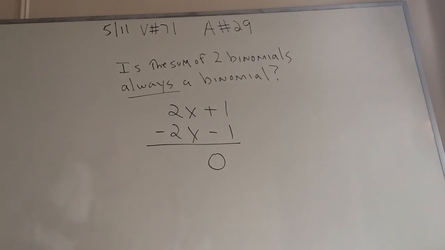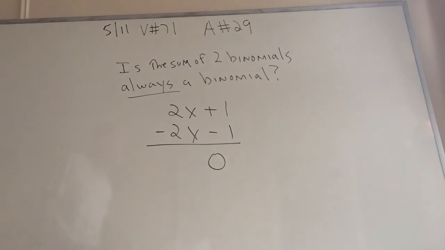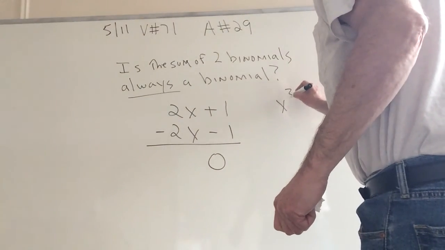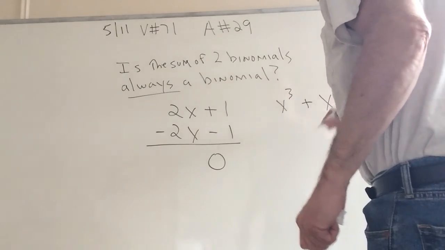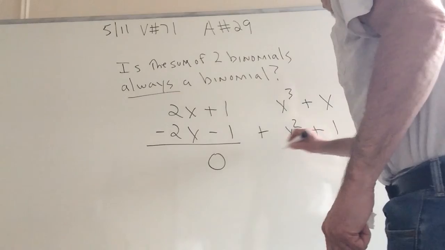So I'm going to expand the question just a tiny bit, and I'm going to ask you, what is the highest degree you can get from adding two binomials? The lowest degree is obviously 1. What's the highest degree you can get? Well, if you think about it, I'll make up a problem, and I'll say this is x cubed plus x, and I want to add to it x squared plus 1.